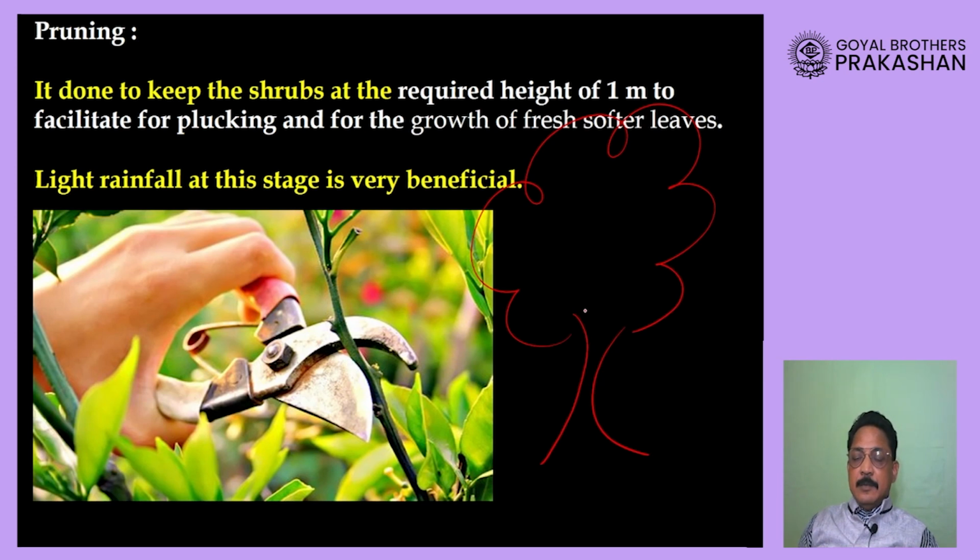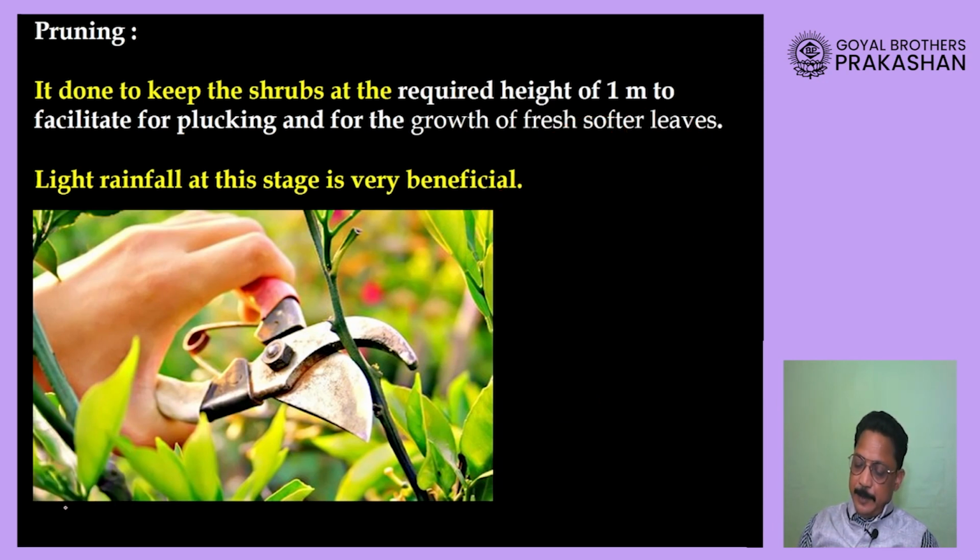If it becomes a huge tree, then the plucking of the leaves will become difficult. So what men will be doing is, if this is a tea plant, they will be cutting it. Pruning means cutting it. So they will cut the plant and keep it short, so the plucking will become easy.